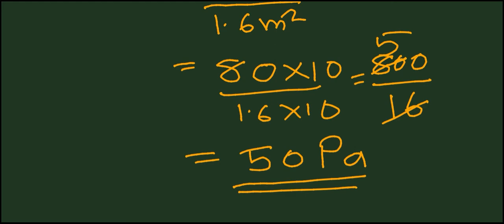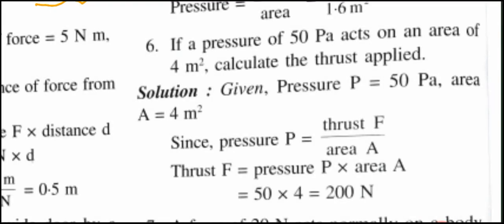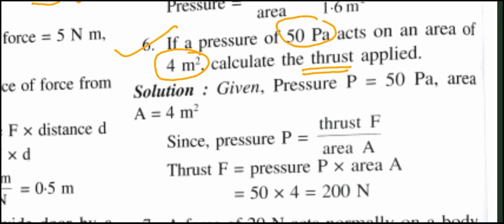Okay, students. Now our sixth question is here. Please read out. If a pressure of 50 Pascal acts on an area of 4 meter square, calculate the thrust. Here we have to calculate the thrust applied. Okay, students, please read out the question once again.